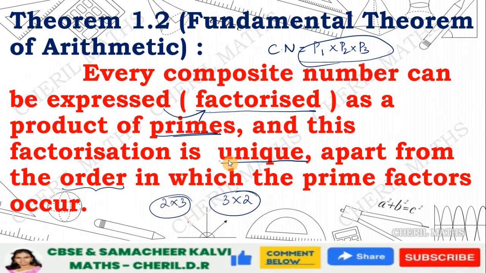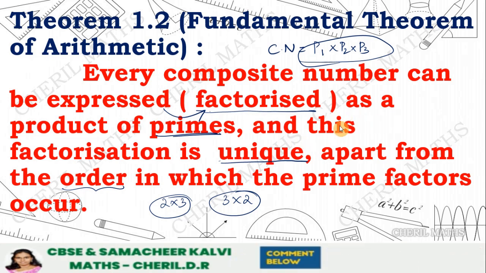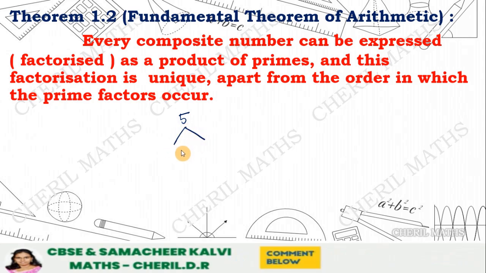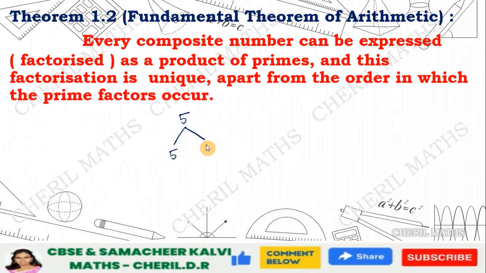So apart from this, there is something else where we are going to call it unique, in which the prime factors occur. When you are going to factorize, you know that you will be able to get the prime factors. So how do you say that? When you have the number 5, in your lower class you would have written the factor tree as 5 and 1.